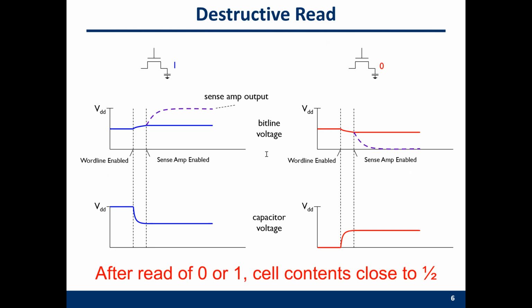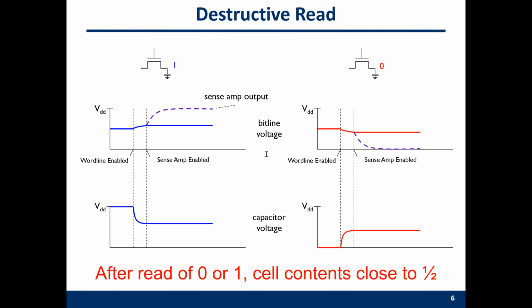No matter what the cell stores, you precharge it to half before the read. Then when the cell is connected, the voltage on the bitline will increase if the cell has charge, because the charge will move from the cell to the bitline. The bitline will get some charge.